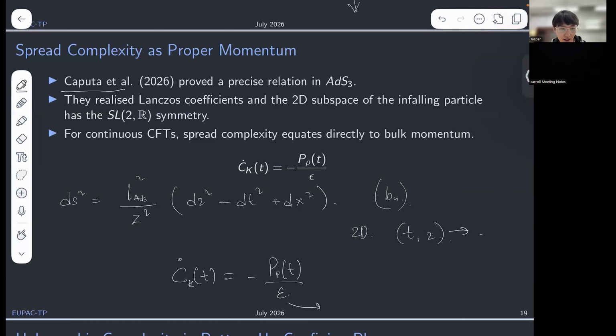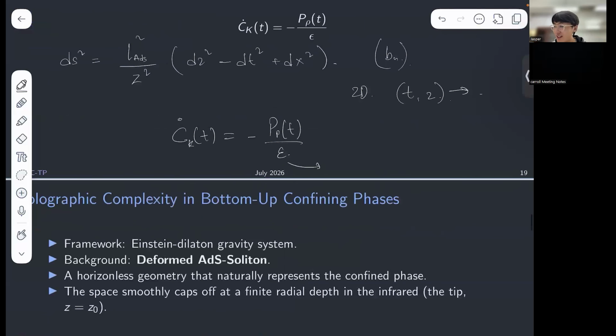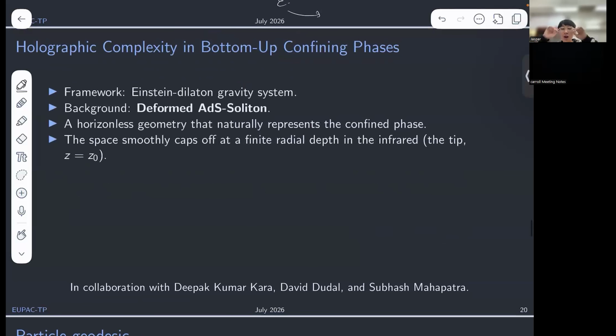So coming to my research, our question was, we have this certain geometry which is AdS soliton, and we have another geometry which we call deformed AdS soliton. So how do we deform this?